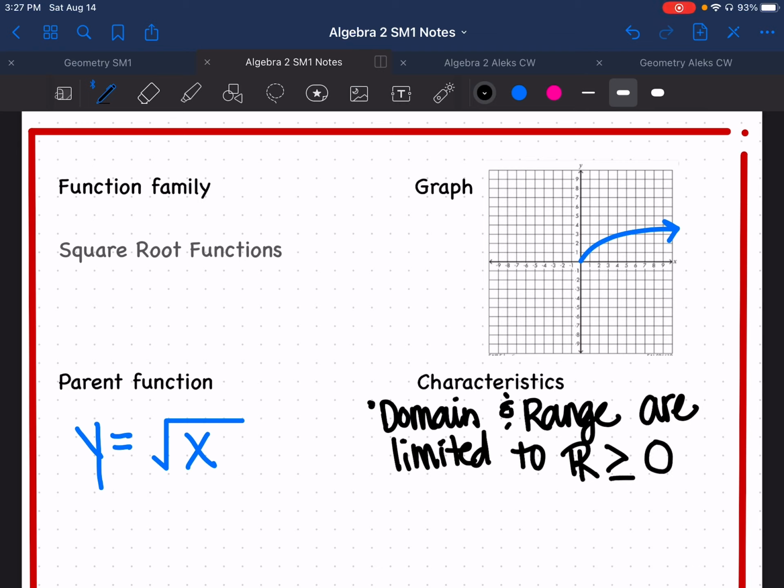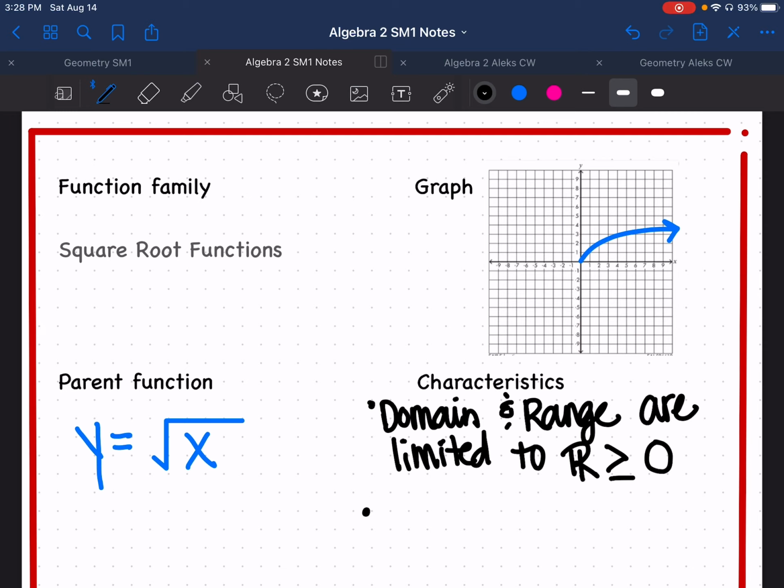We can't have any negatives. We cannot do a negative square root. You can try, but we're going to learn later in the course that when we have a negative square root, we end up with what are called imaginary numbers. And so they're just not there. So we're sticking to real numbers greater than or equal to 0.